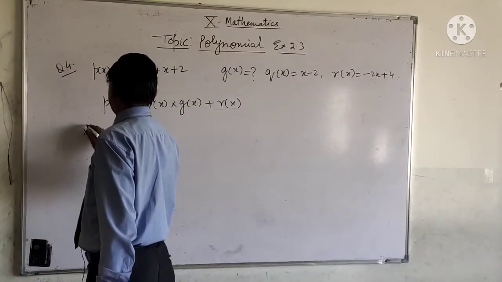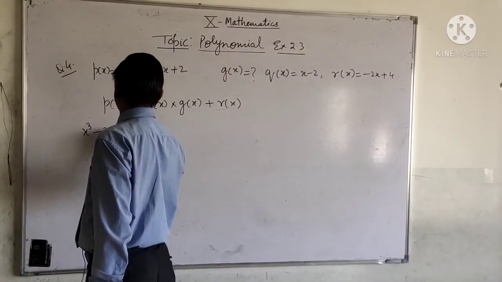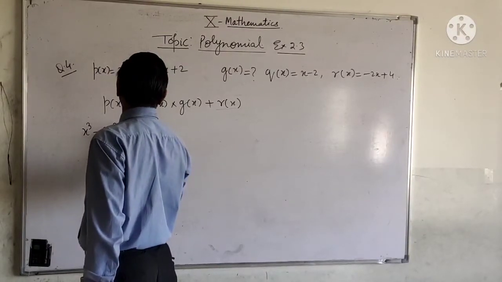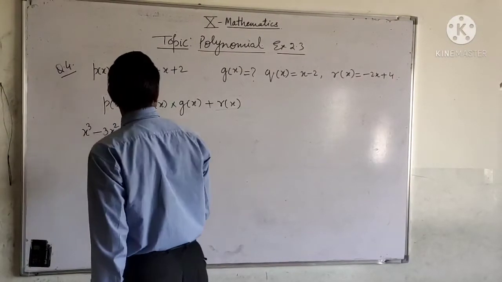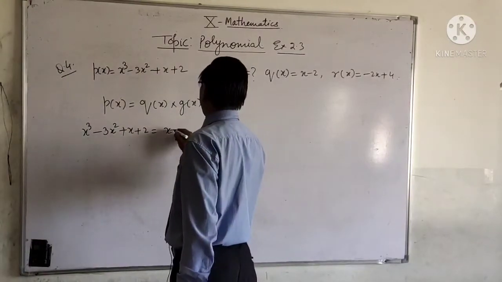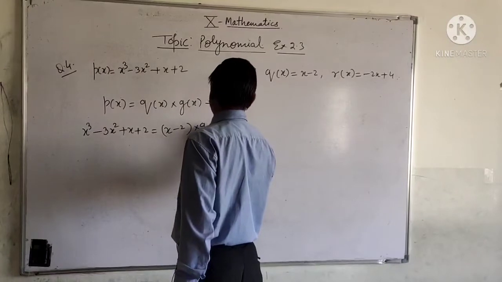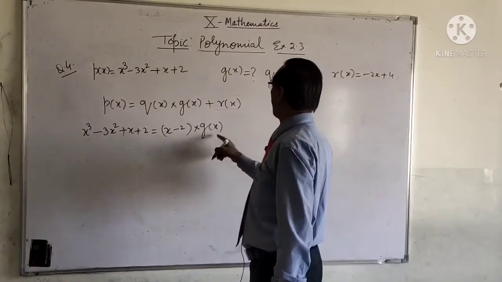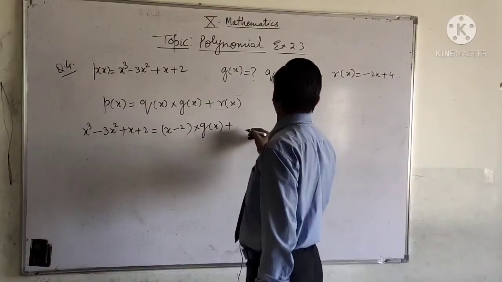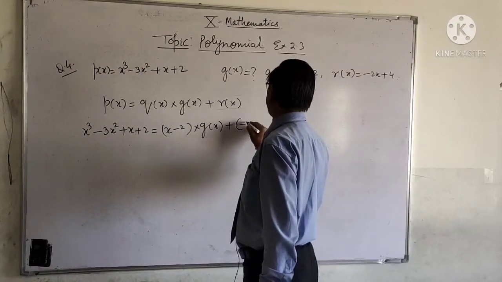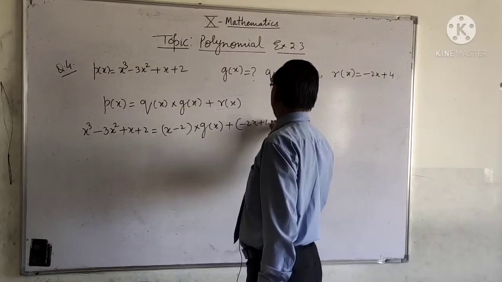Here x^3 - 3x^2 + x + 2 is equal to (x - 2) into gx, which we have to find, plus rx, which is -2x + 4.